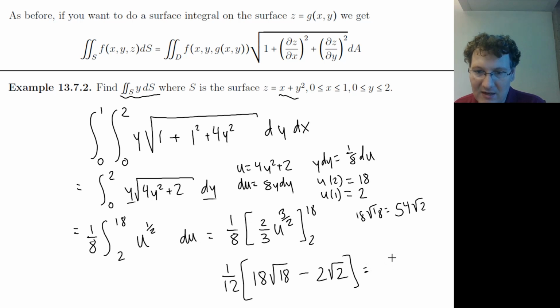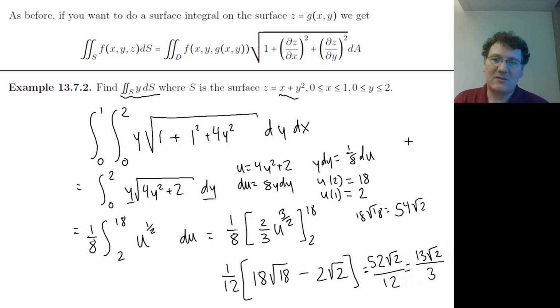So I'm going to get 52 square root 2 over 12, and I can divide everything in half. Sure, why not? That's going to be 26. Well, I could divide it by 4. So 52 over 4 is 13, which gives 13 root 2 over 3.